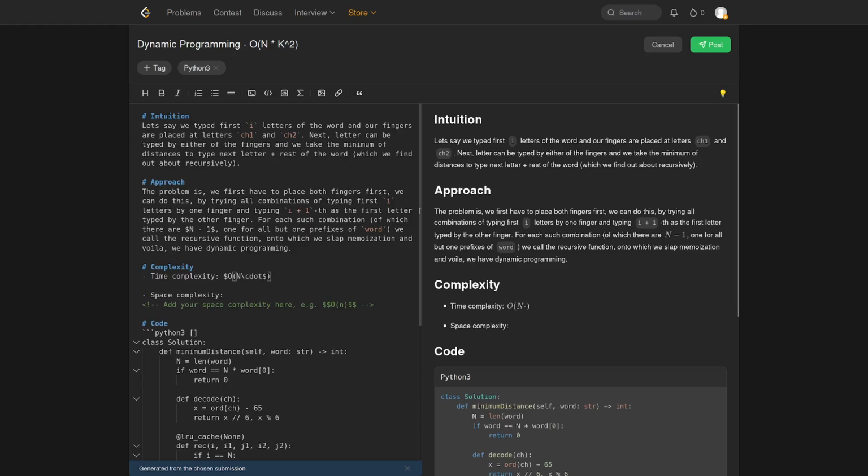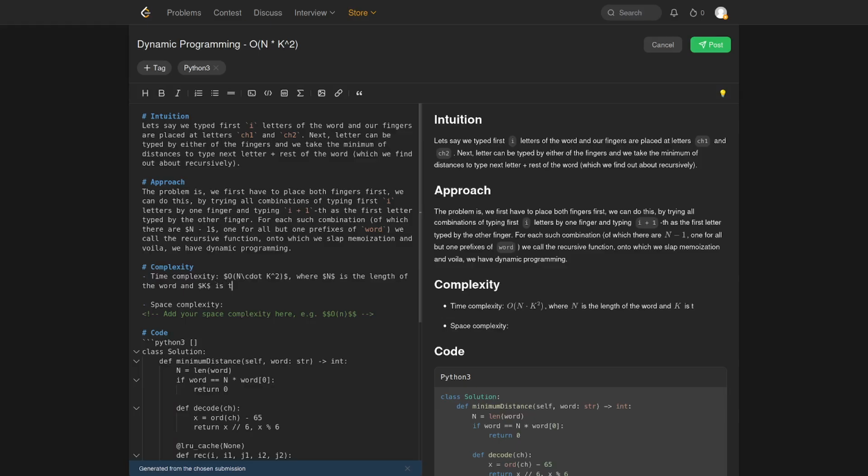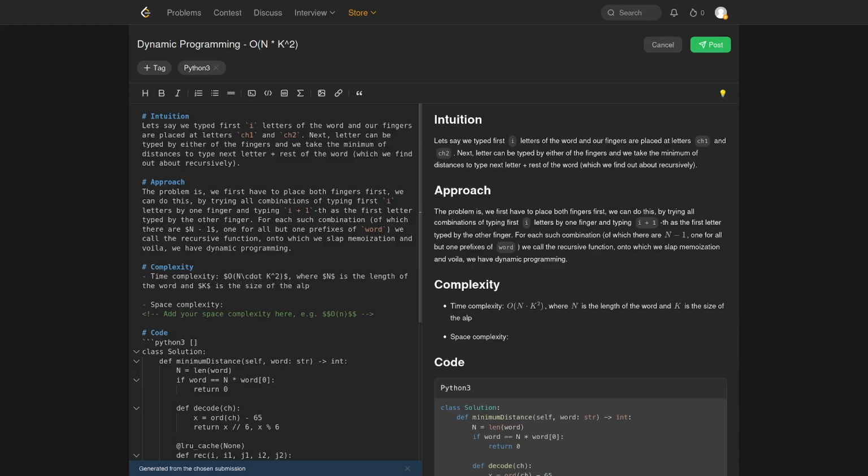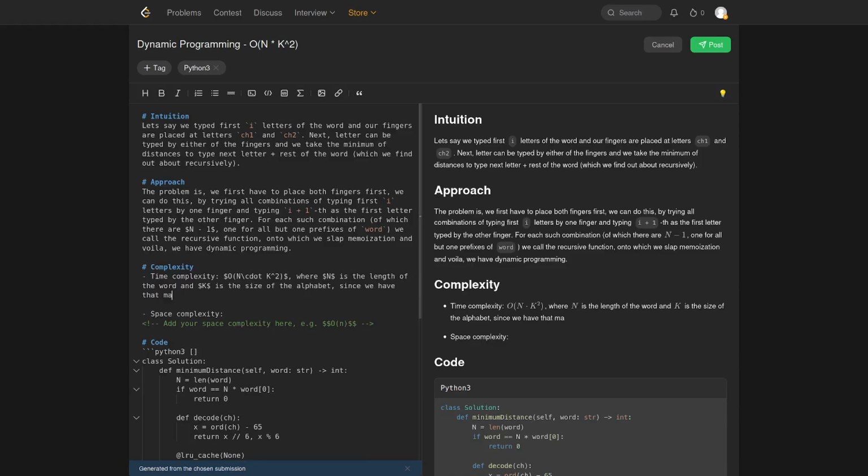And the complexity is O of n times k squared, where n is the length of the word and k is the size of the alphabet, since we have O of that many states. I, left finger 1 position, finger 2 position.